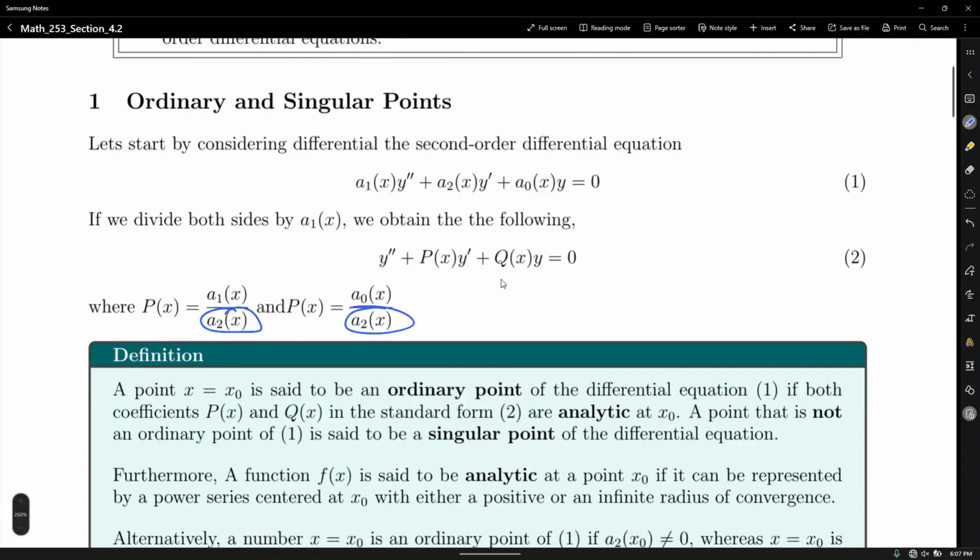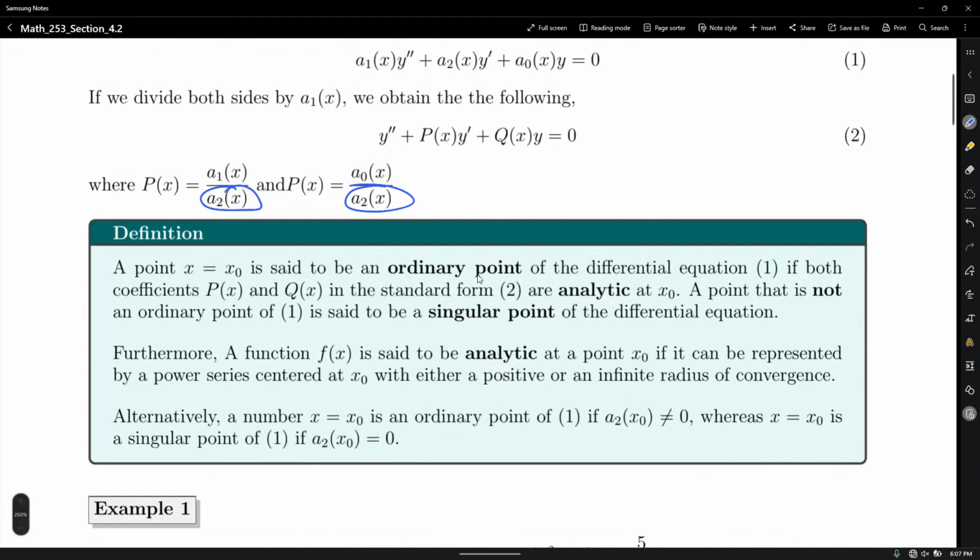By definition, a point x equals x naught is said to be an ordinary point for the differential equation in the first equation, without the division by a sub 2, if both coefficients p and q in the standard form are analytic at x naught. A point that is not ordinary is said to be singular for the differential equation.